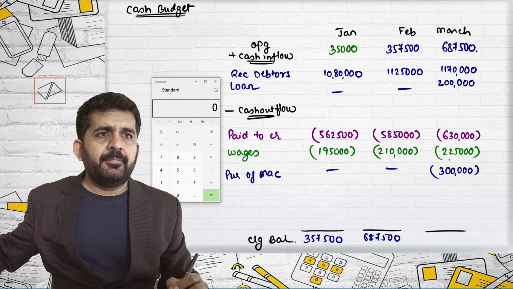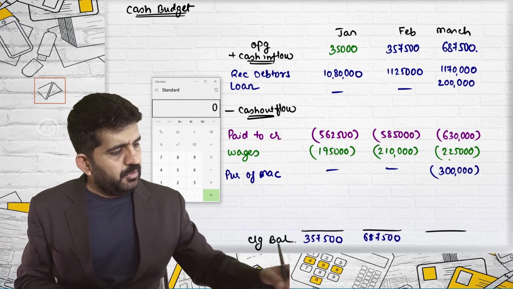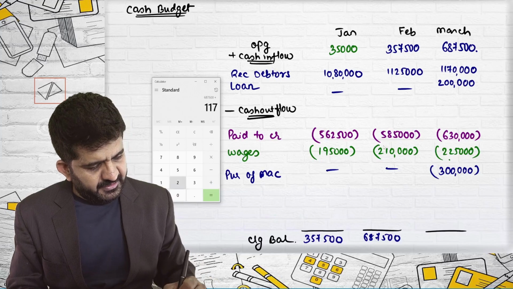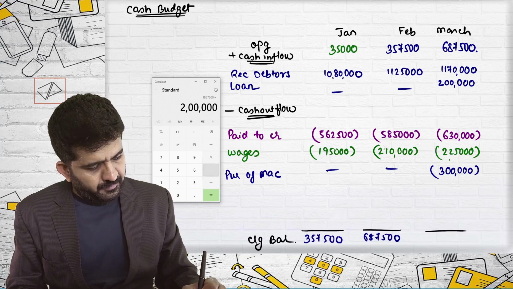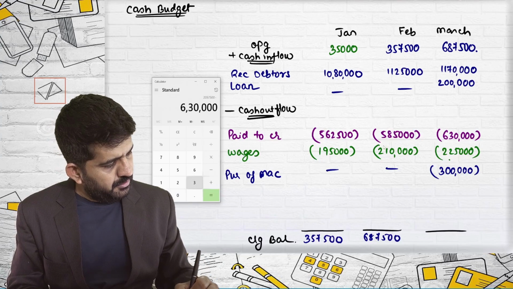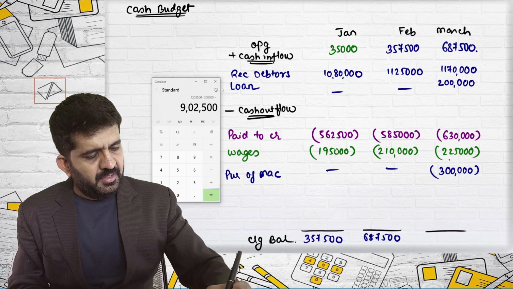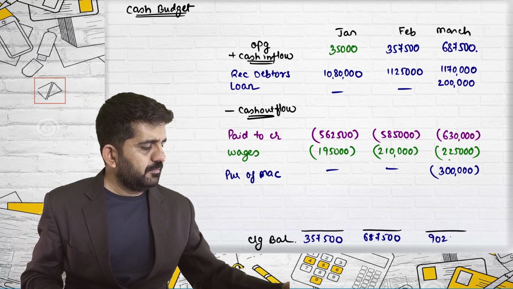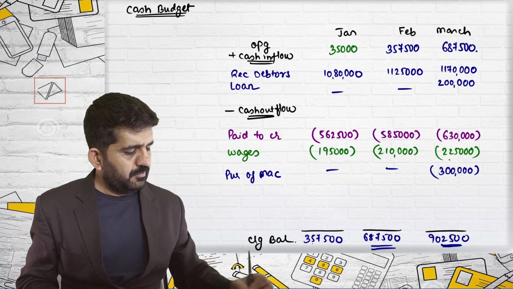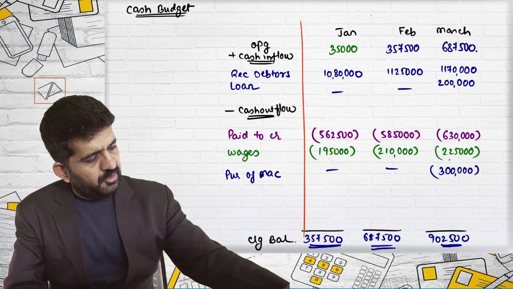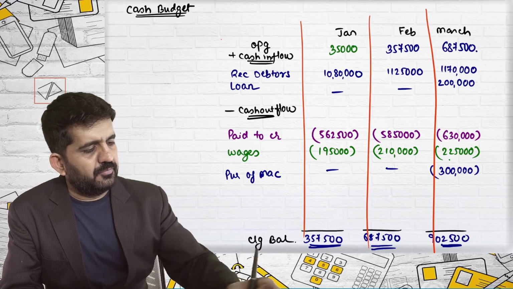Am I making some mistake? No. 687,500 plus 11 lakh 70,000 plus 2 lakhs minus 6 lakh 30,000 minus 2 lakh 25,000 minus 3 lakh rupees is 9 lakh 2,500. And this chart will be my cash budget.